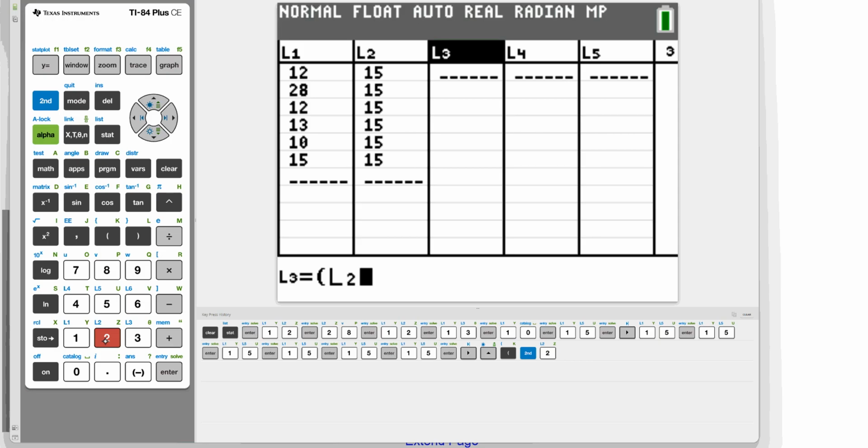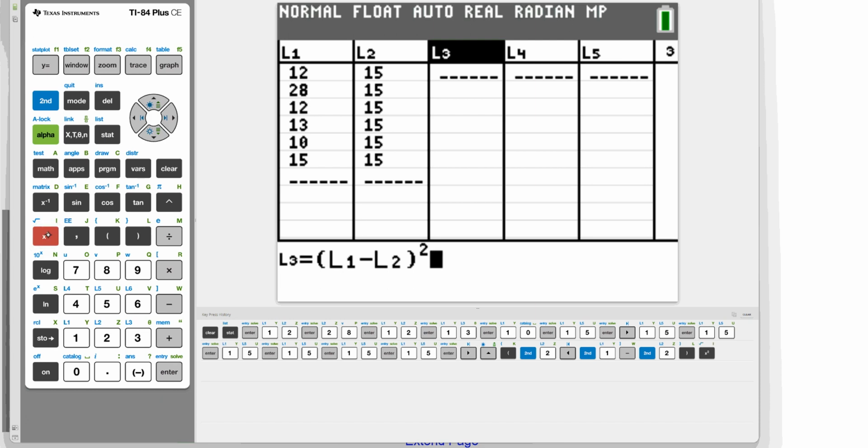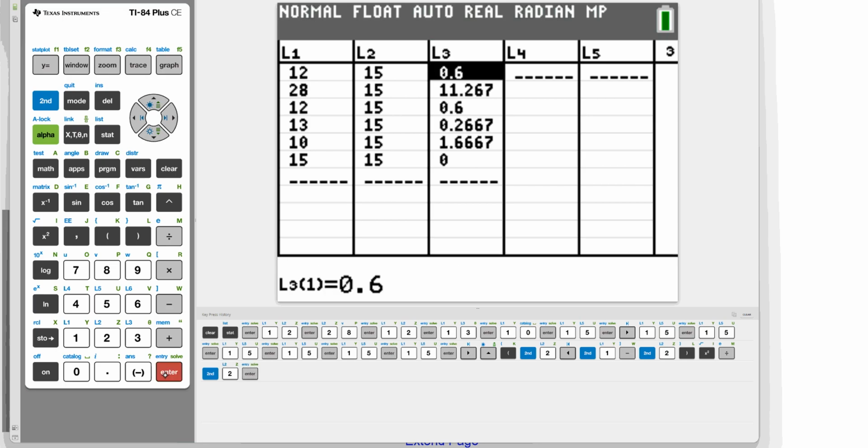Oh sorry, observed, so that should be list 1. List 1 minus list 2, squared, divided by the expected, which is list 2. Let's see if it gives me all those values.